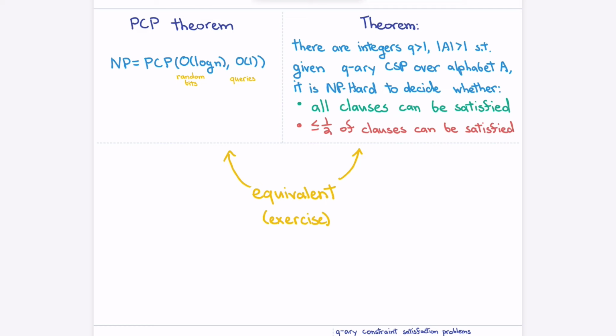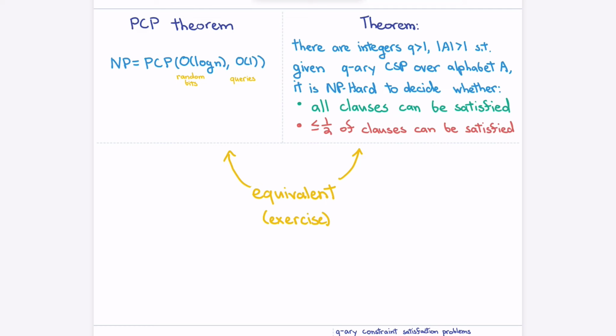Well, maybe for starters, what would be a PCP for this half-or-perfect CSP problem? Sample, I guess they're called constraints here.